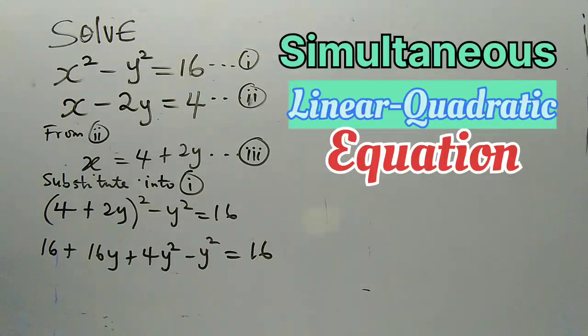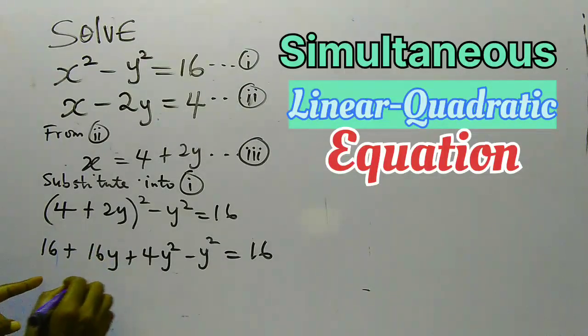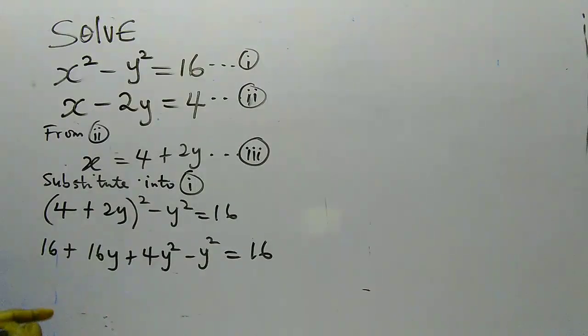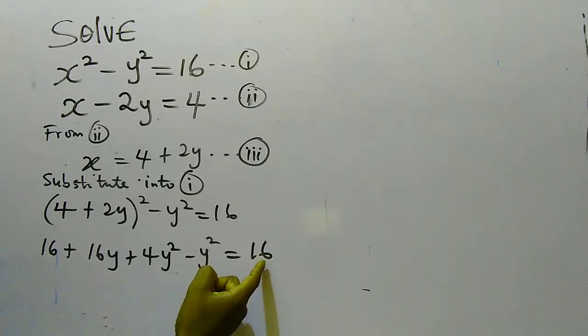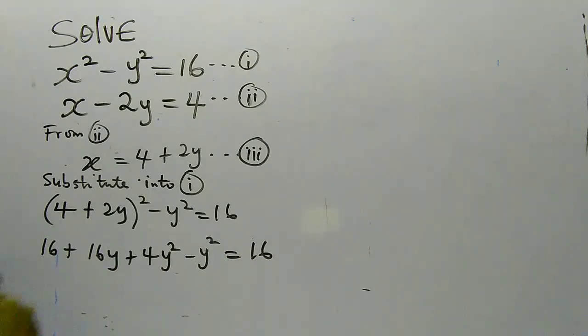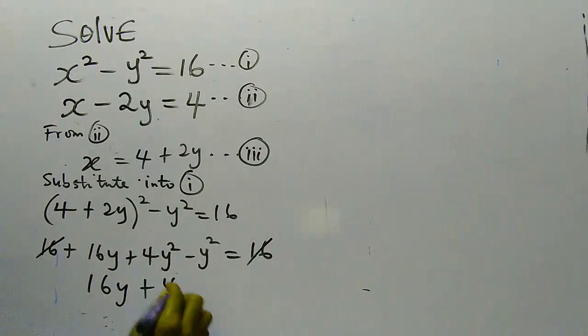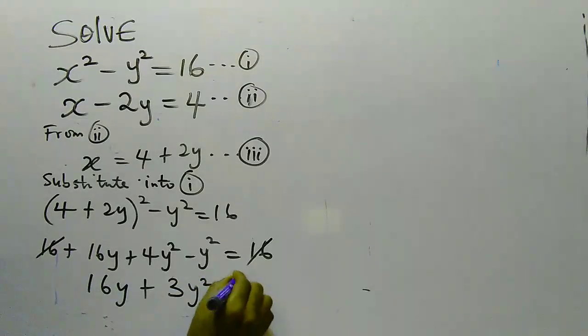Okay, so let's go. If you watch, you're having 16 here, I'm having 16 here, so this and this can cancel out, so that I'm left with 16y plus 4y squared minus y squared, which will also give us 3y squared, equal to 0.